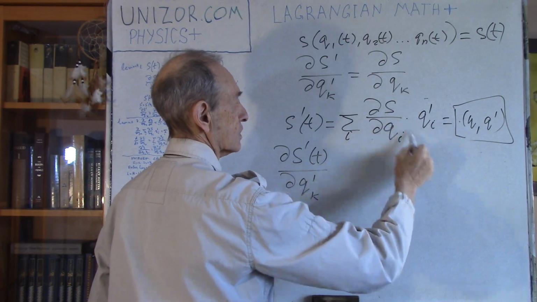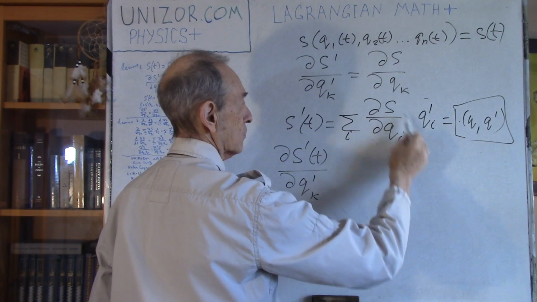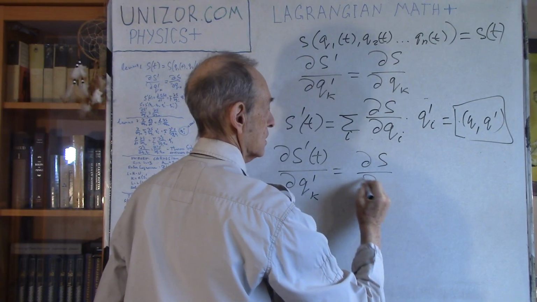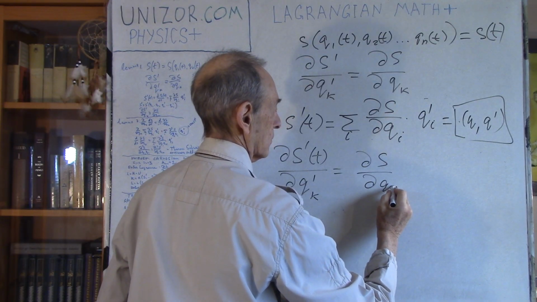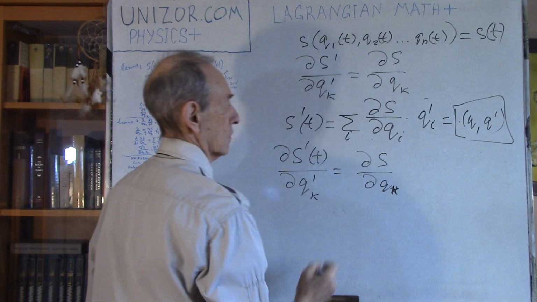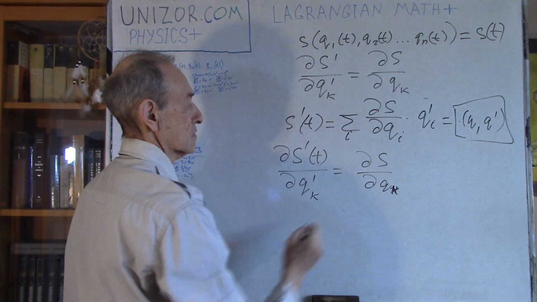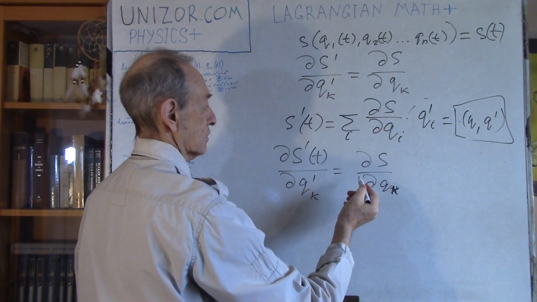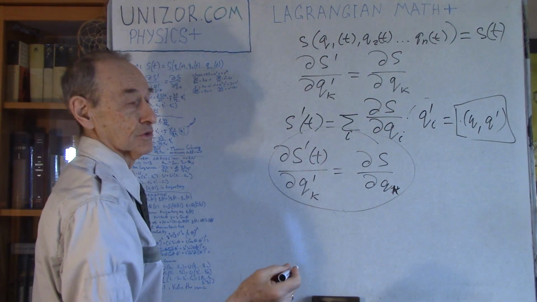And the derivative by qk prime would be this coefficient, which is ds by dqk, right? When i is equal to k. So this is the coefficient, and we are basically doing a partial derivative. And that's what we needed to prove.